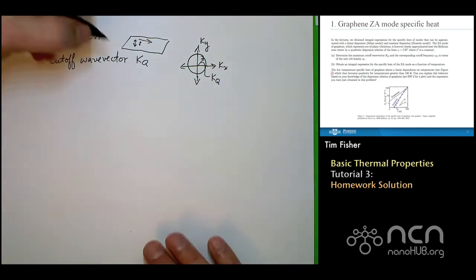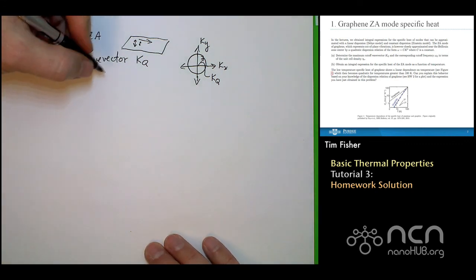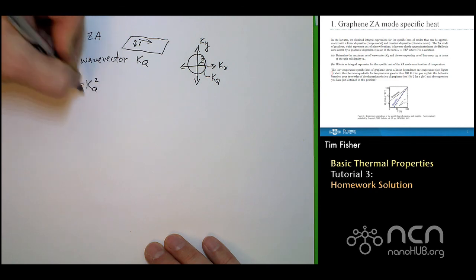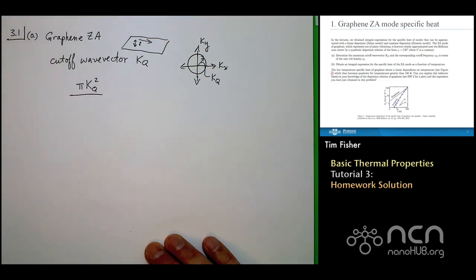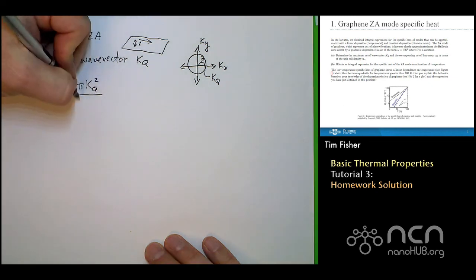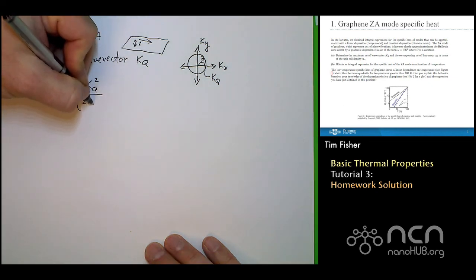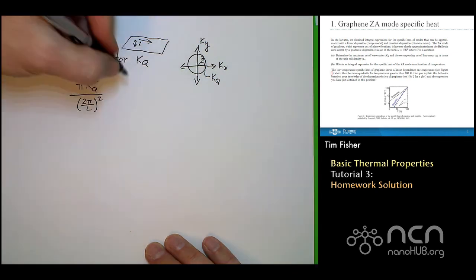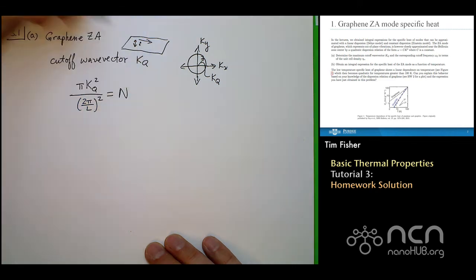The way to do that is to say the area of K-space will be pi times K_Q squared divided by the amount of K-space area that each mode occupies. And I think we've established quite well at this point that that's going to be (2 pi divided by L) squared. And so this is going to give us our number of allowable states.